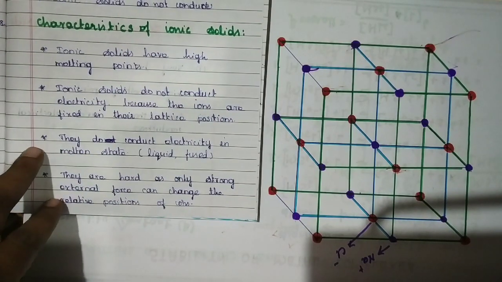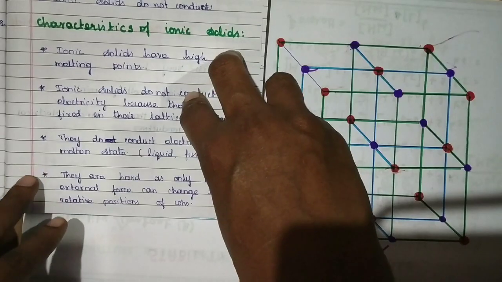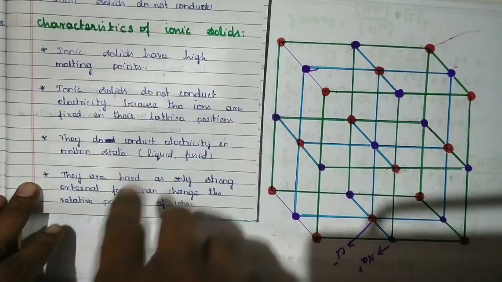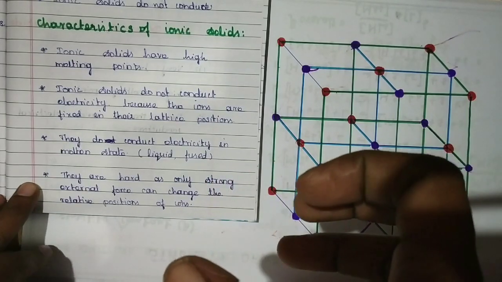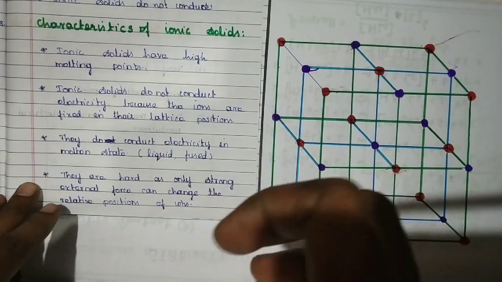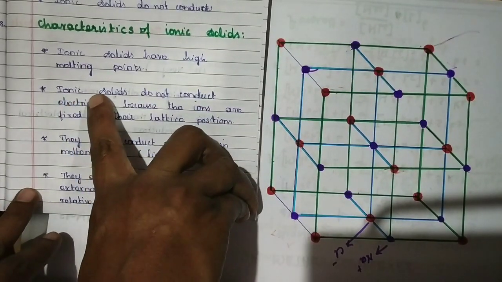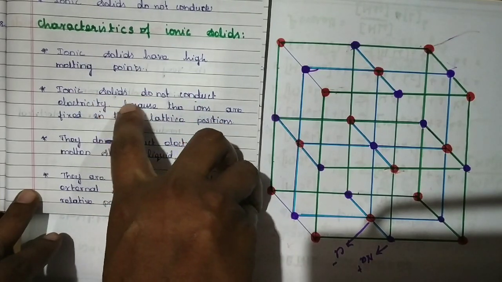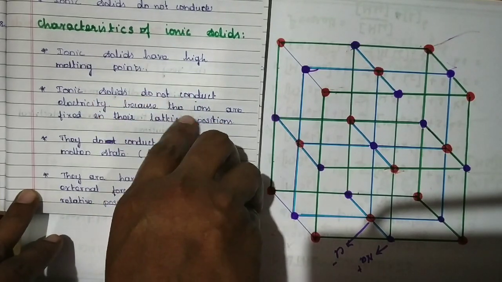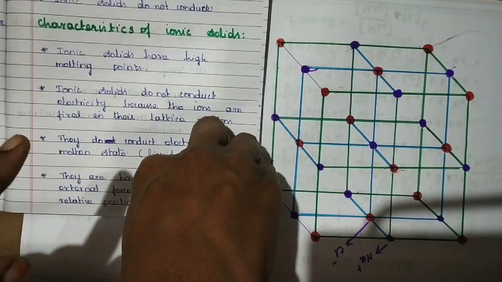First, ionic solids are hard and brittle. They have a high melting point, and they do not conduct electricity because the ions are fixed in their lattice positions.